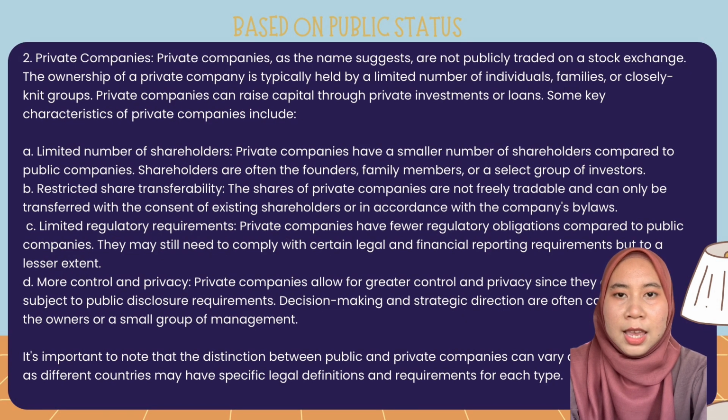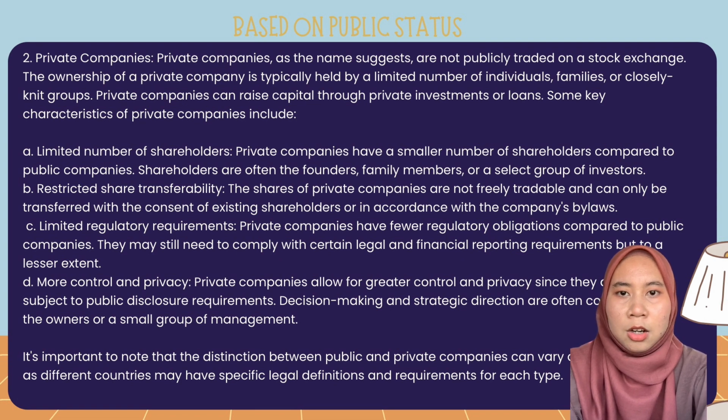Private companies, as the name suggests, are not publicly traded on a stock exchange. The ownership of a private company is typically held by a limited number of individuals, families, or closely knit groups. Private companies can raise capital through private investment or loans.